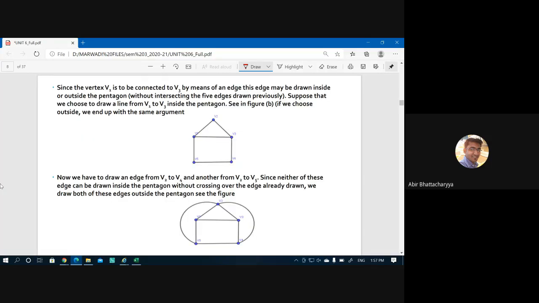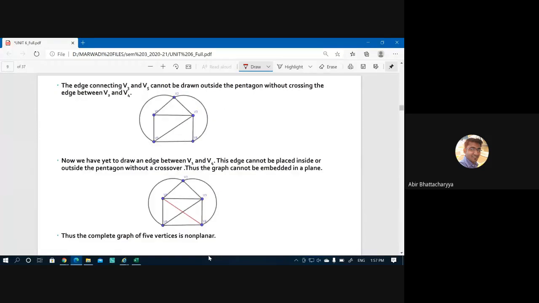First I join v2 and v3, then I join other edges like v2 and v5. Either you can join from inside or from outside. You have joined it from outside, and after that the last possibility is that you can join v3 and v5 like this. The last thing is that we have to join v2 and v4.